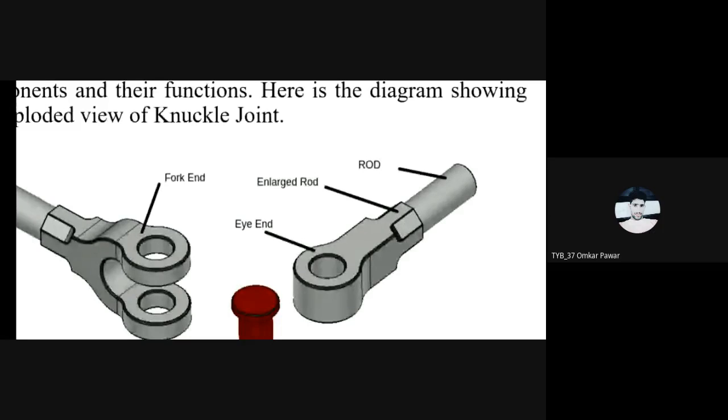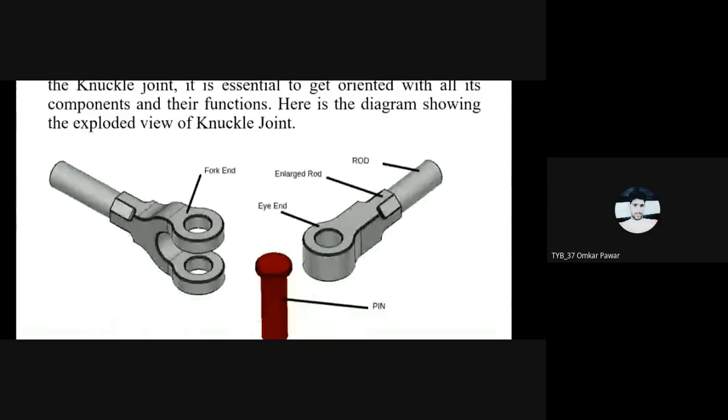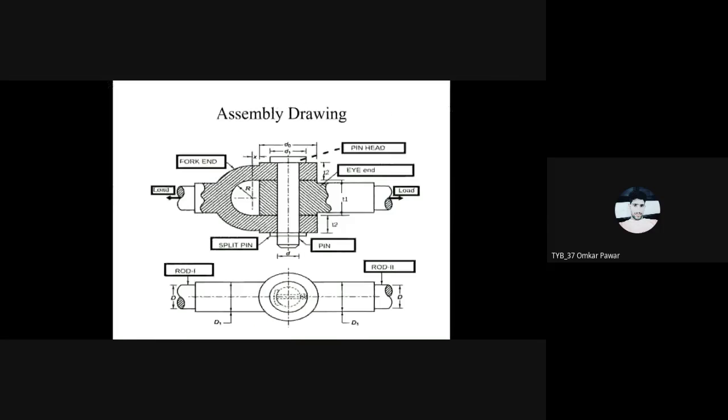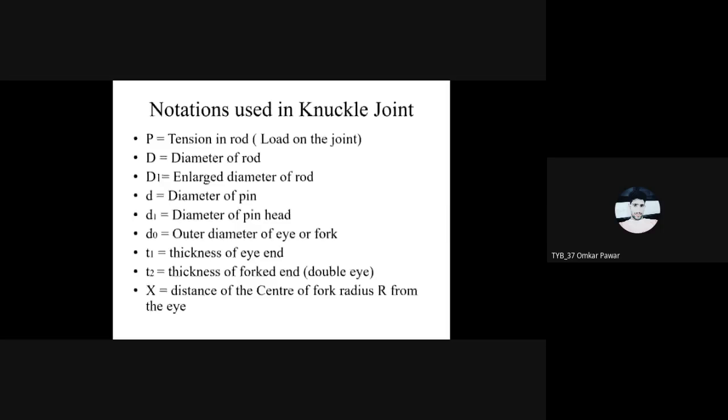That inner hole diameter will be small d, the diameter of the pin which we are going to insert. Then T1 is the thickness provided to the single eye section, and T2 is the thickness of the fork end or double eye section of each individual eye.